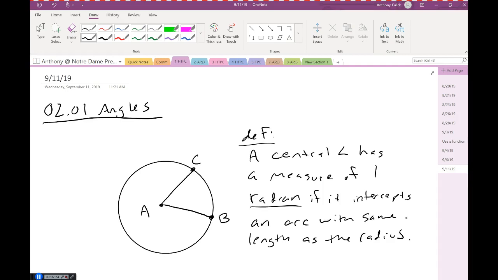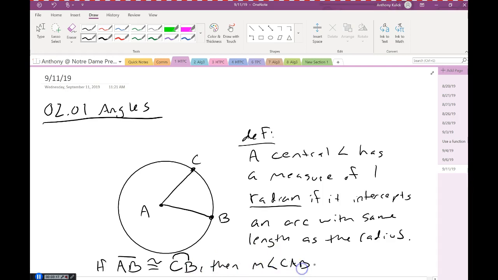So in our picture here, we would say that if the segment AB is congruent to the arc CB, and remember, for arcs, we give them a hat that's like arced, then the measure of the angle CAB is 1 radian.